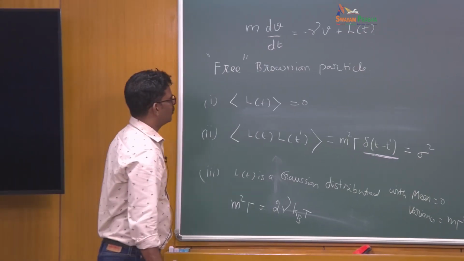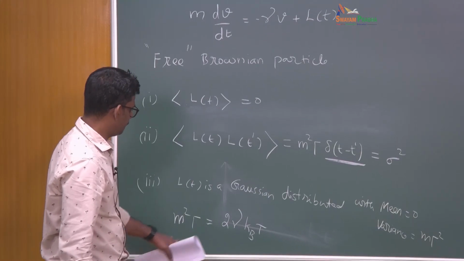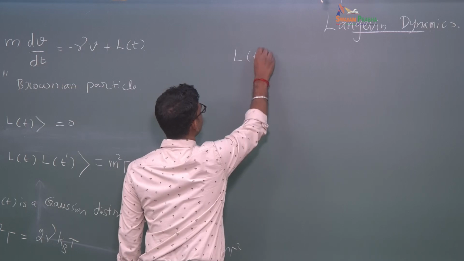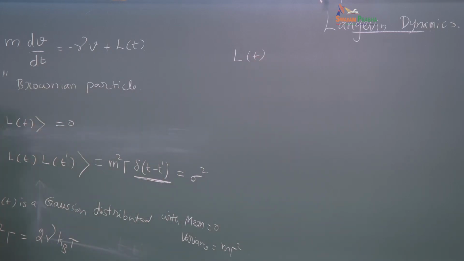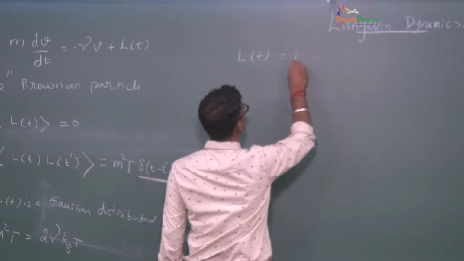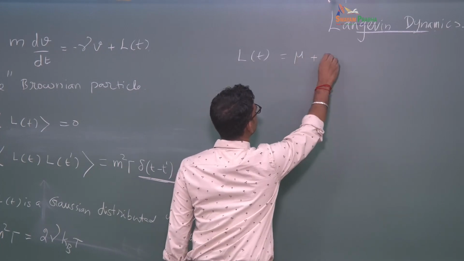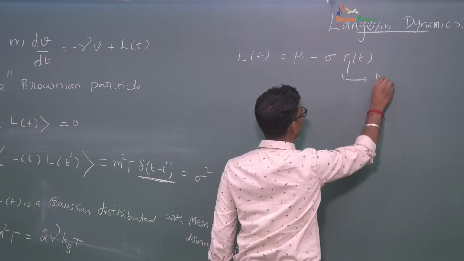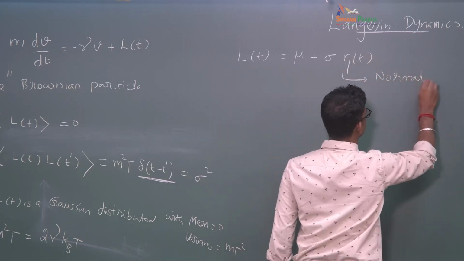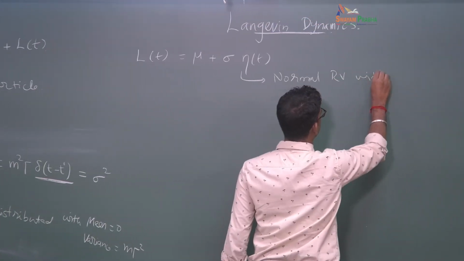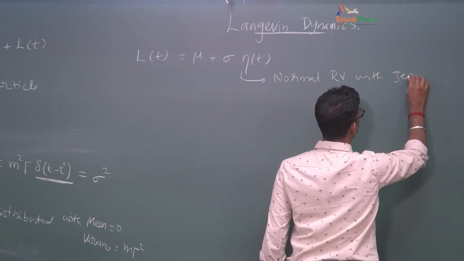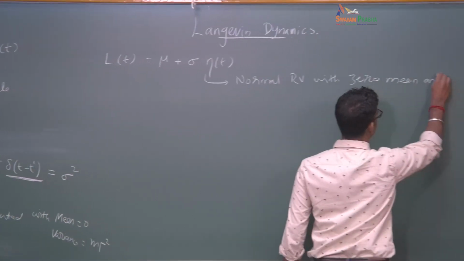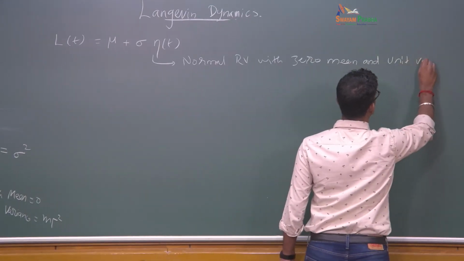Now what we can do is say that at any time t, the random force L can be expressed as some mu plus sigma times eta of t, where this eta of t is a normal random variate with 0 mean and unit variance.